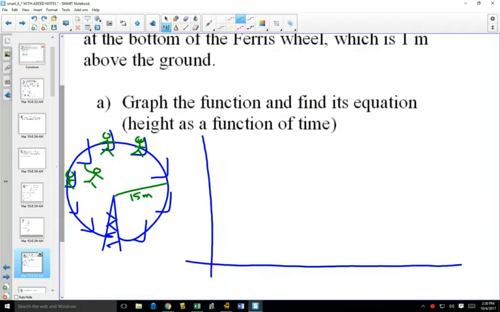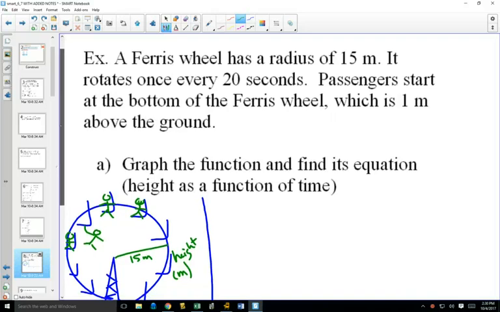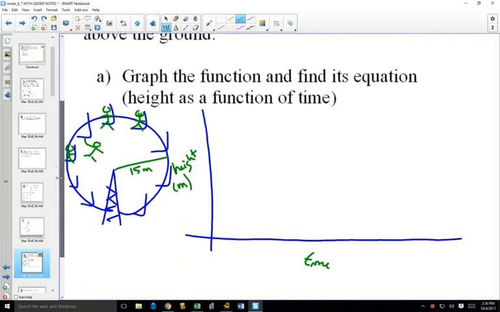You get on at the bottom, so I'm going to graph this. I'm going to have my height along my y-axis and time along my x-axis. My height is in meters. My time is in seconds.